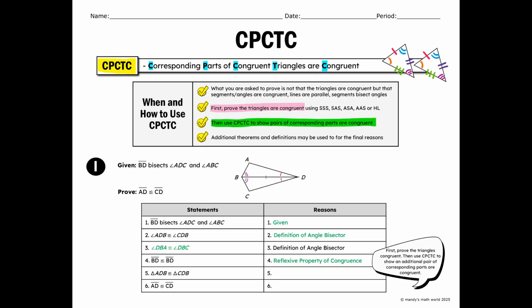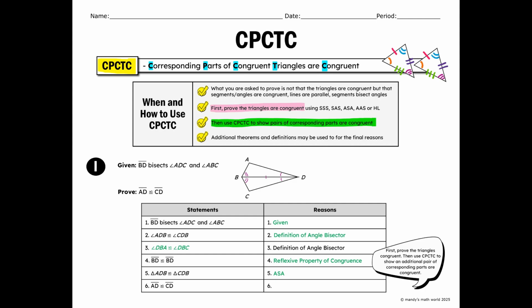So we've now shown that this pair of angles are congruent. This side is congruent to itself. This pair of angles are congruent. So we can now conclude that triangle ADB is congruent to triangle CDB by angle side angle.